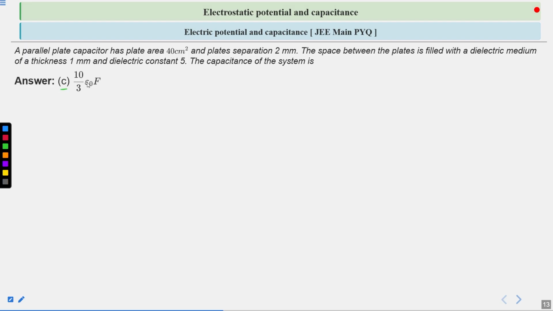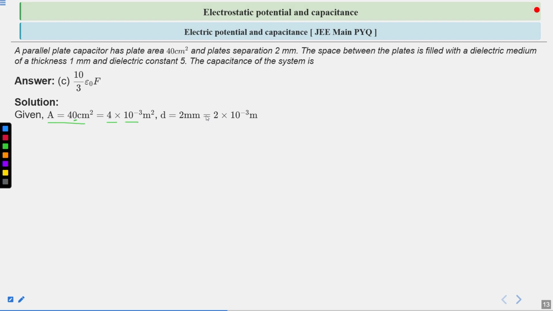So C option is the correct option, 10 by 3 epsilon naught farad. Okay, so let's see the solution. So given A is equal to 40 centimeter square, which is equal to 4 into 10 raised to power minus 3 meter square, after converting the units to SI. 1 centimeter square is 10 raised to power minus 4 meter square, and there is 40, so after converting it becomes 4 into 10 raised to power minus 3.